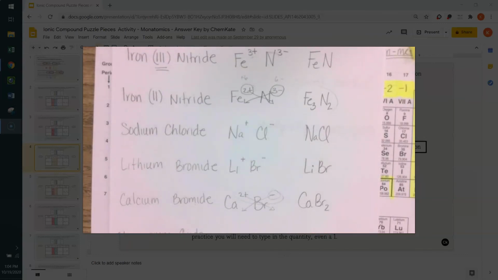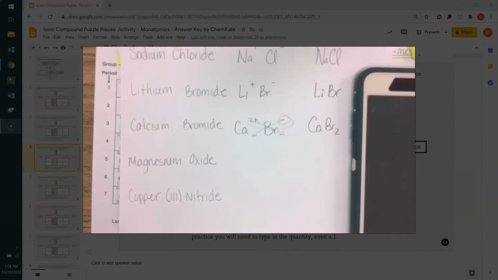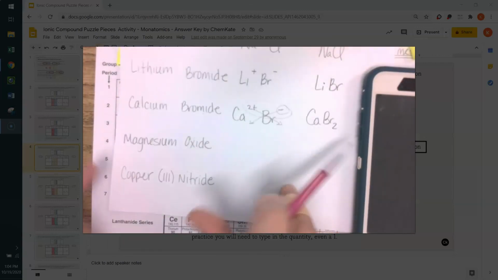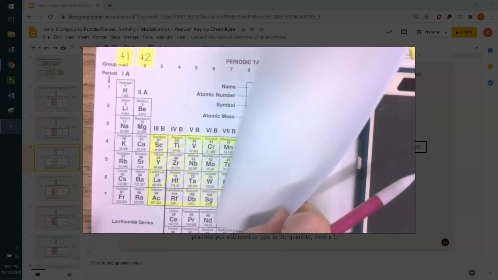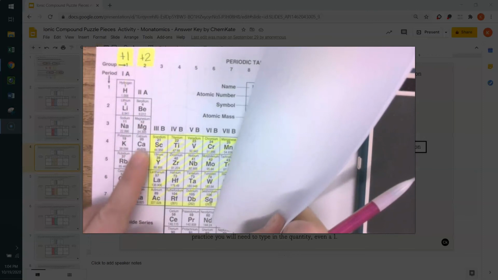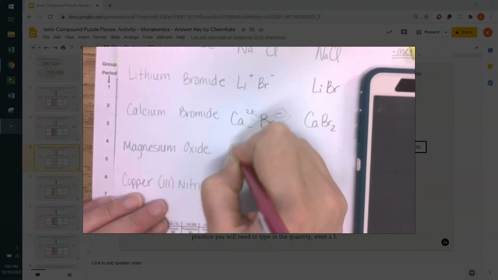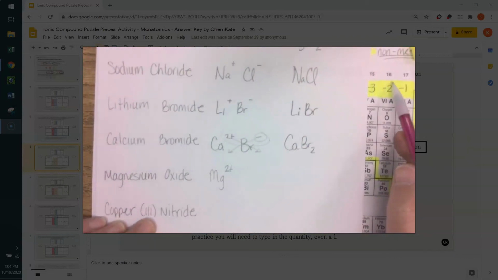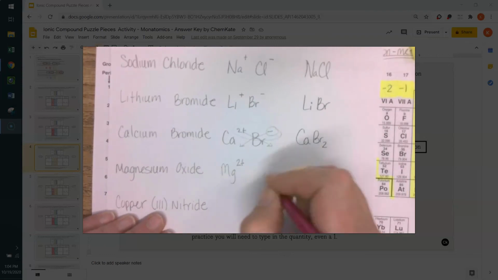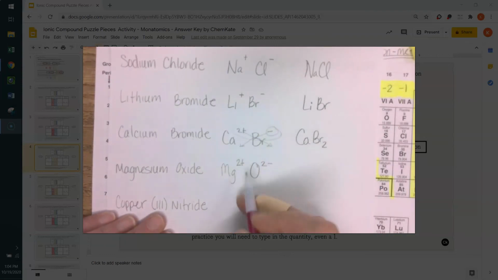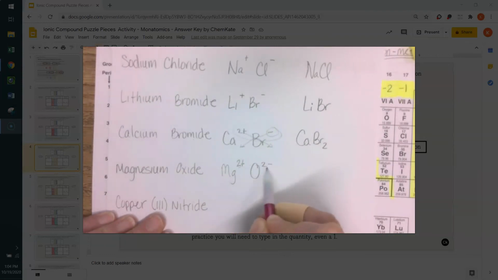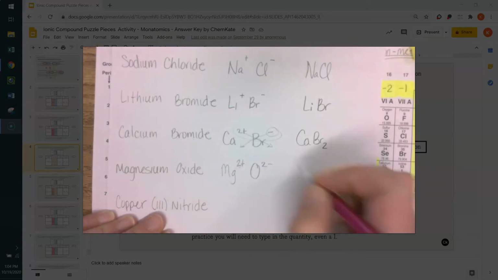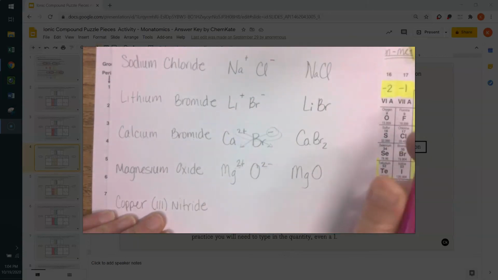CaBr2. Looking at magnesium oxide, if I looked at magnesium, you would find that it is in this second group, which means magnesium is a 2 plus ion. Oxide stands for oxygen, which over here is a minus 2 anion. So you can see that these two cancel each other out just as is, so it's a 1-to-1 relationship for MgO.